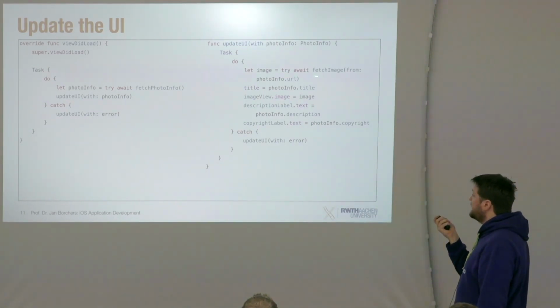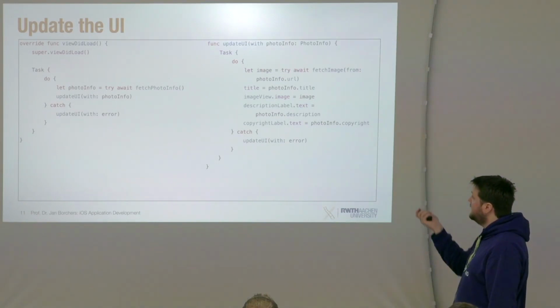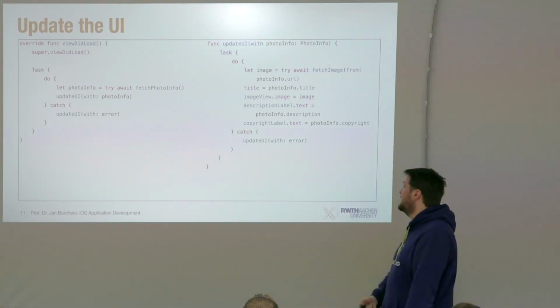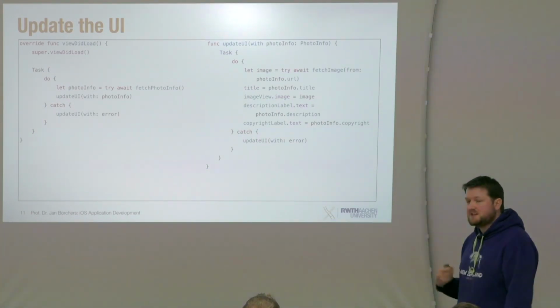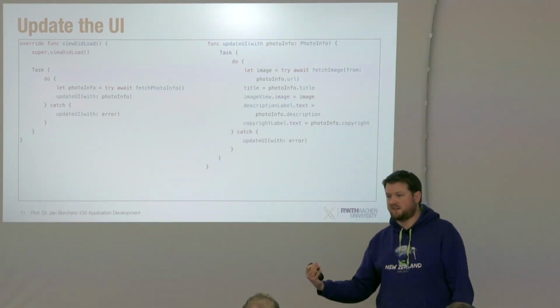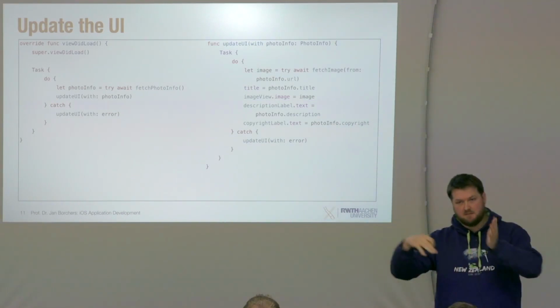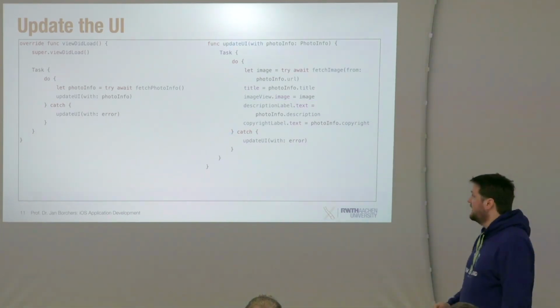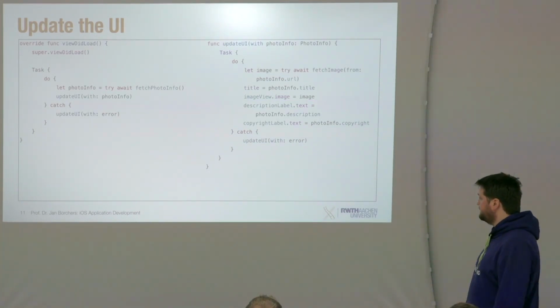So suspending the actions at this point, waiting for the results, but then without having to specify that now there's a thread switch, you can change the UI properties as well without having to navigate all that yourself. So that makes it all a little bit simpler.